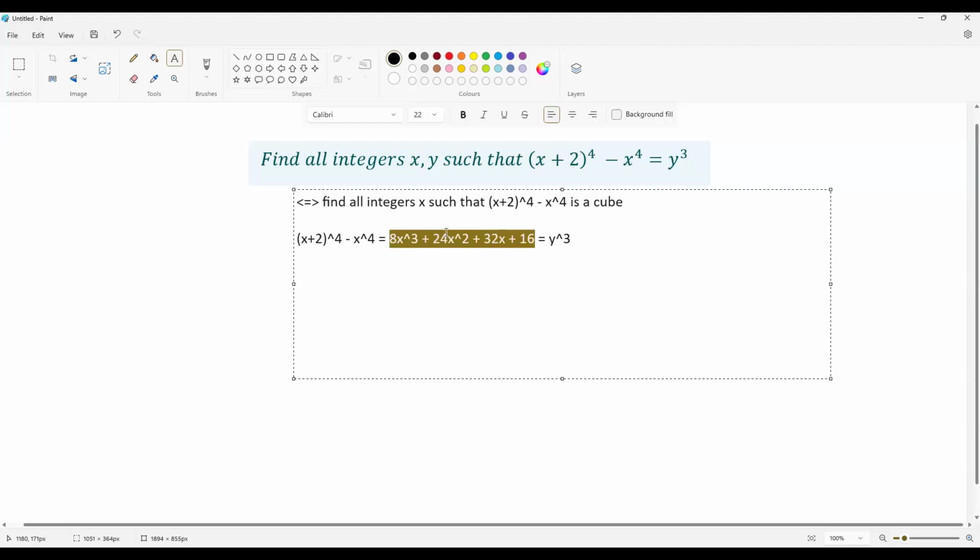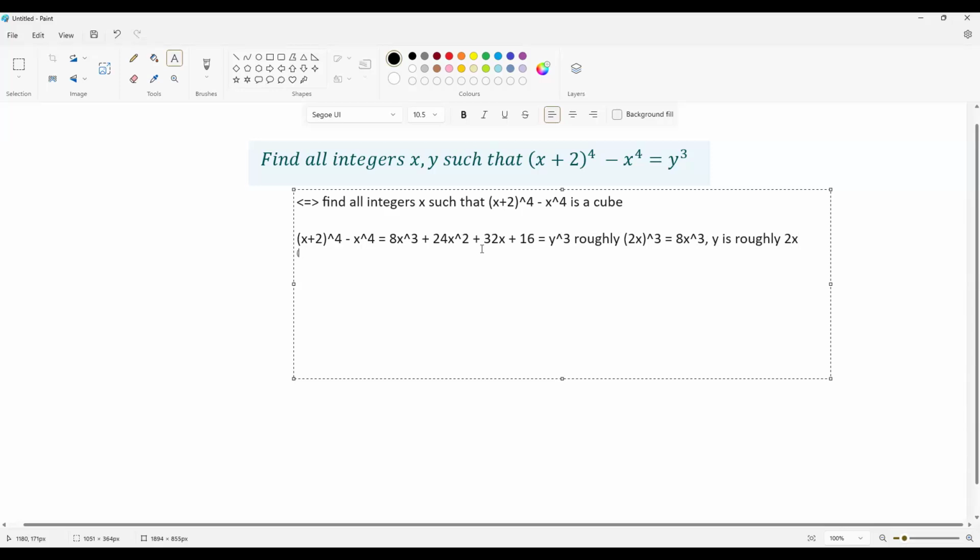If we look at the biggest term, that's roughly 2x cubed. Especially as x becomes super big or super tiny, this number is basically 2x cubed, which means y is roughly 2x. But this should be bigger than 2x cubed because the other terms also contribute.